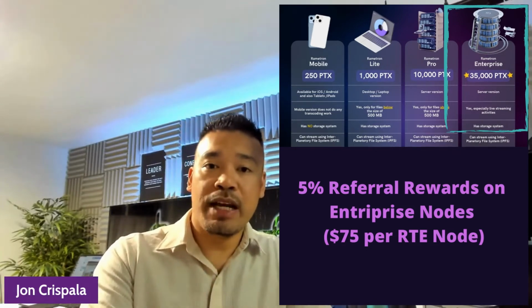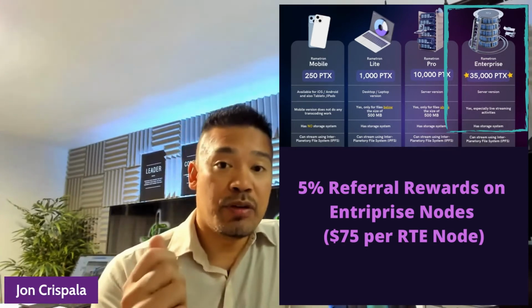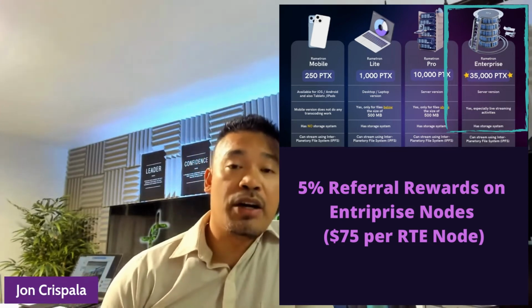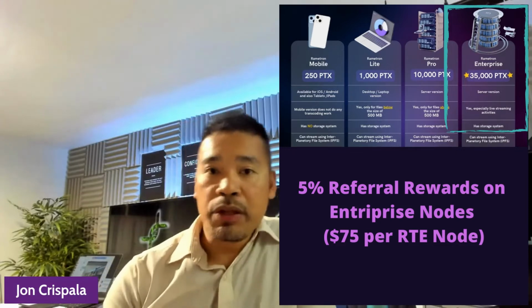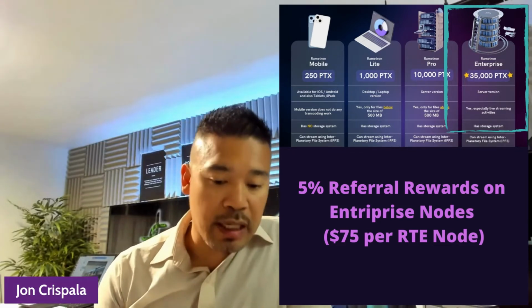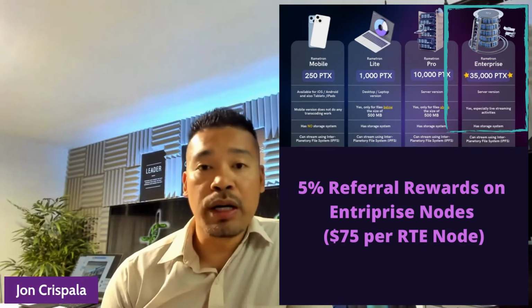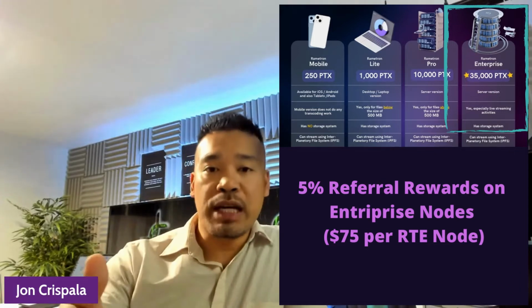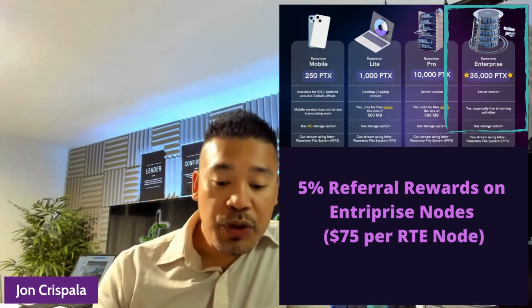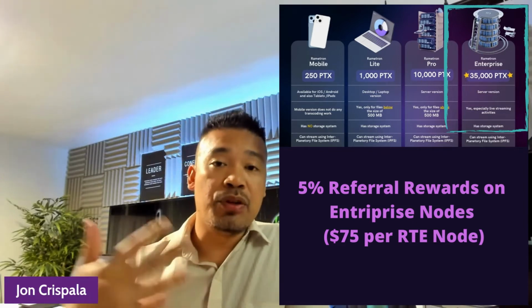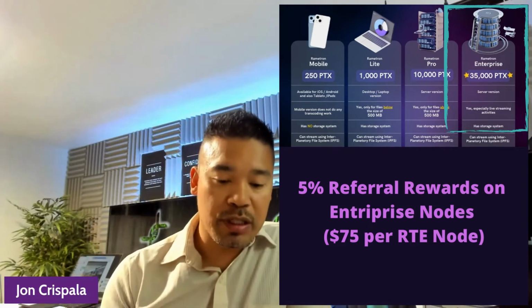So 5% of that. So you actually get cash rewards on hand, and so what I'm going to be doing here is I'm going to start running more like a blitz for you guys, to help you out with your referrals and stuff like that, so I can help you generate some of that referral rewards in cash.